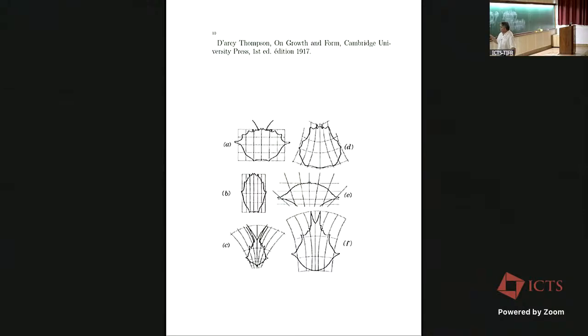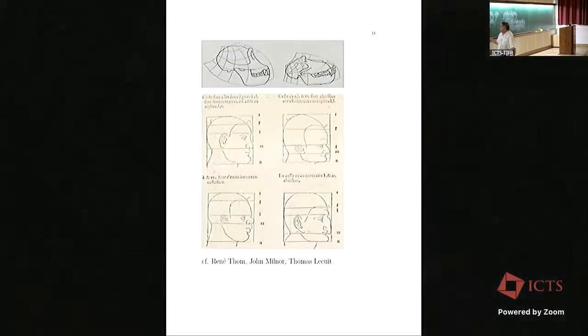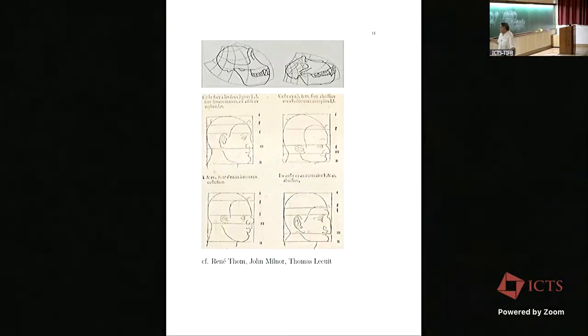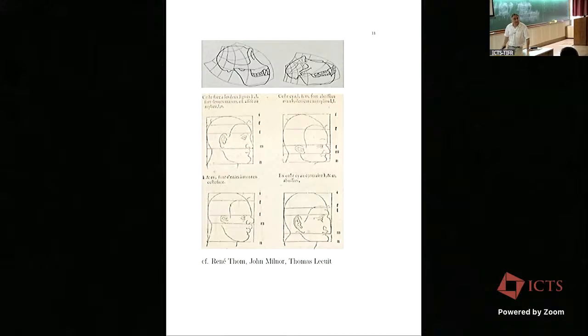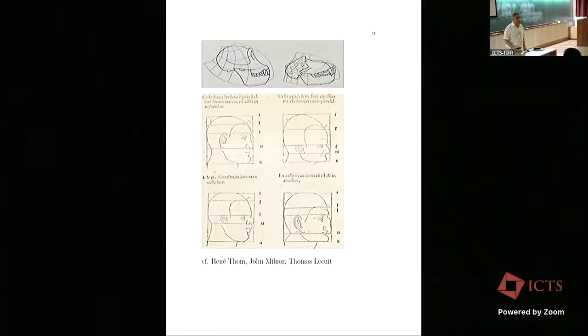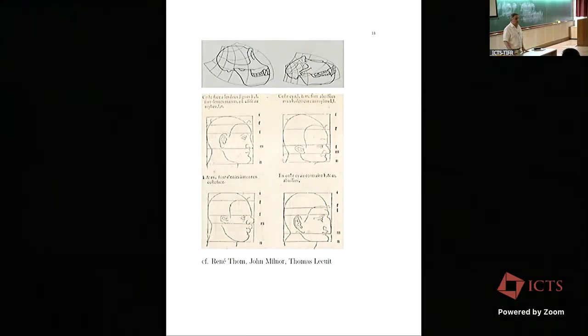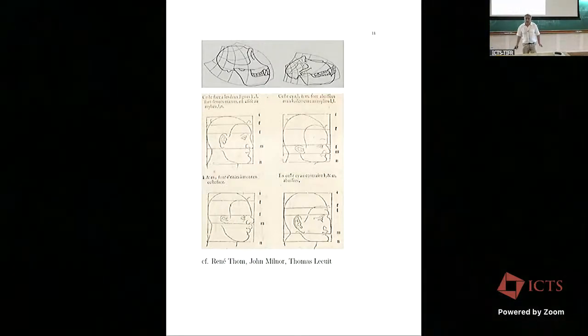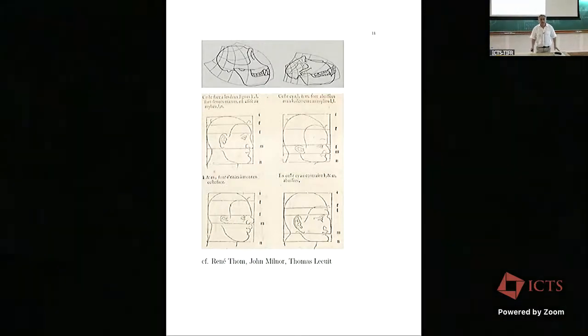And to finish, I mention Thomas Lecuit. He is a new professor of biology at the Collège de France in Paris, which is the best position any mathematician in France would dream to have.